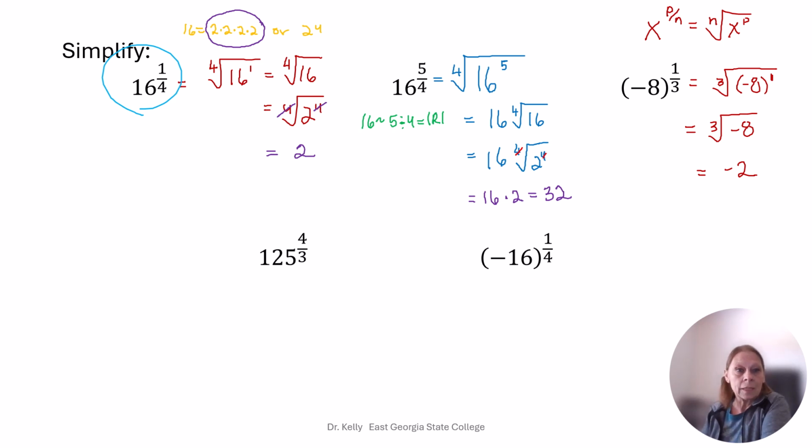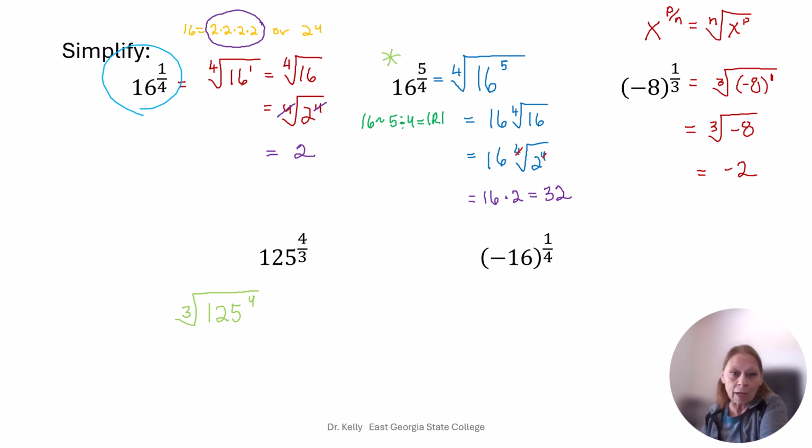Let's do another one here. 125 to the 4/3 power. So we have the cube root of 125 to the 4th power. Again, this is very similar to this 16 to the 5/4 power.